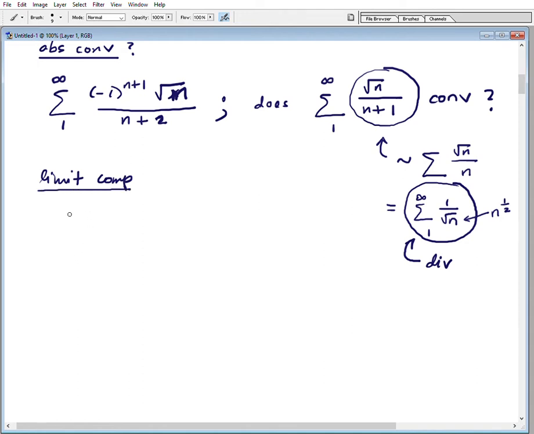Right, so we're comparing 1 over square root n to our series, a ratio. This is 1 over square root of n times n plus 1 over, I'm just flipping this.